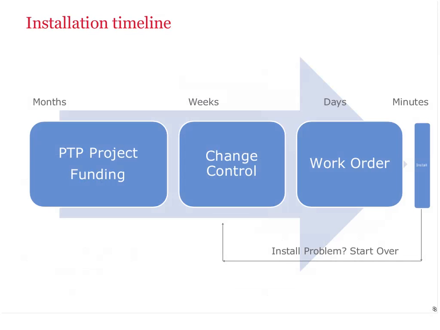The install itself is the easiest, quickest part of the whole chain. It's just minutes. But if there's a problem in the install, we have to go all the way back to change control, and we're delayed weeks or longer. So in the timeline, we're really going to make it as easy as possible to do that install.